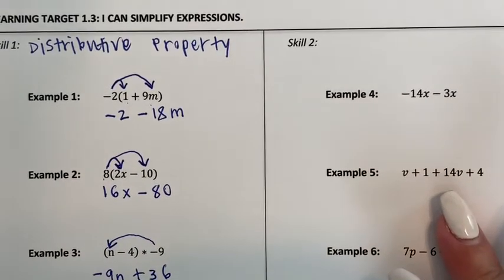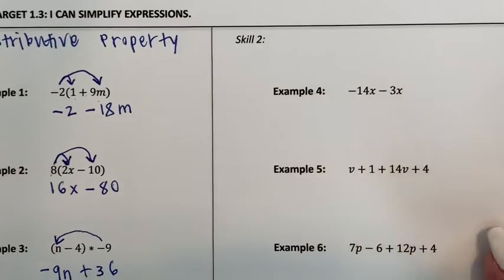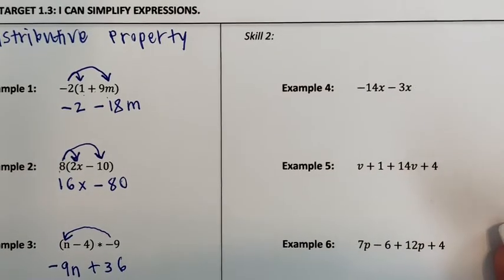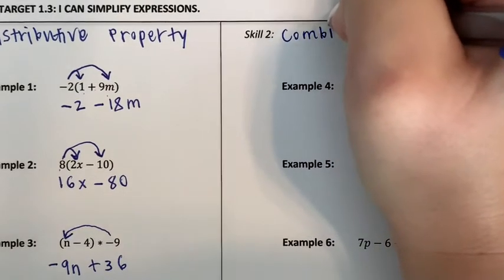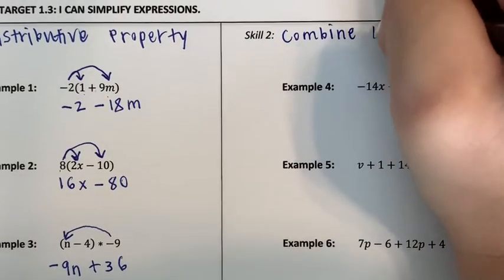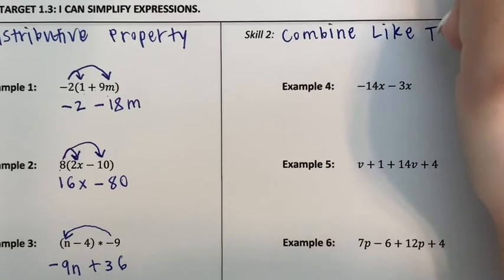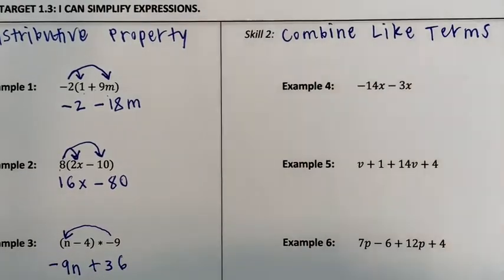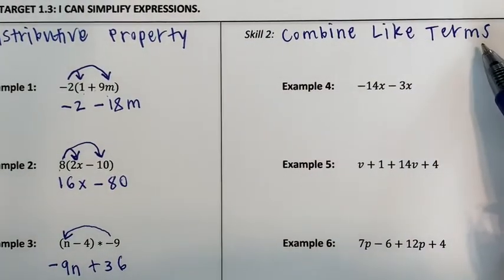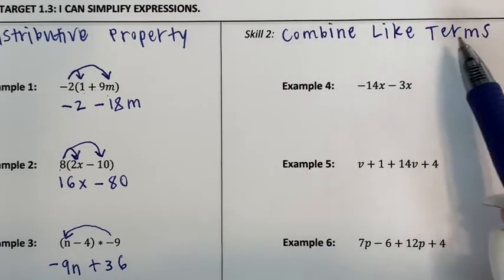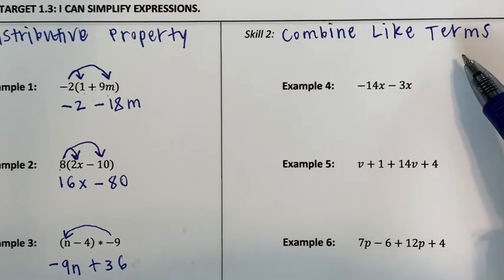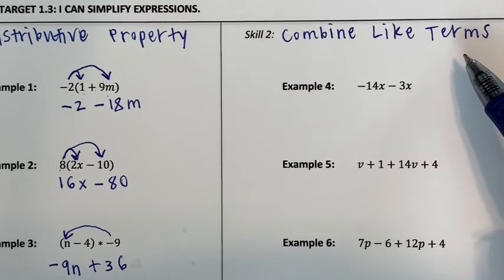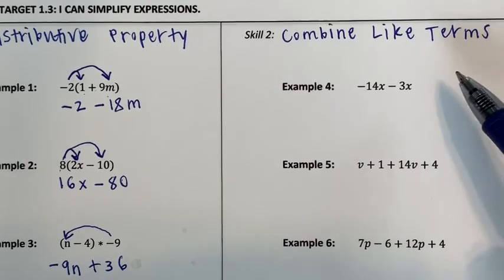Now let's take a look at skill number 2. This is a skill called combine like terms. We've already talked about what a term is, but what are like terms? Like terms mean that they are the same type of term. Either they are constants, just numbers, so we can combine them, or they are the same type of variable term.